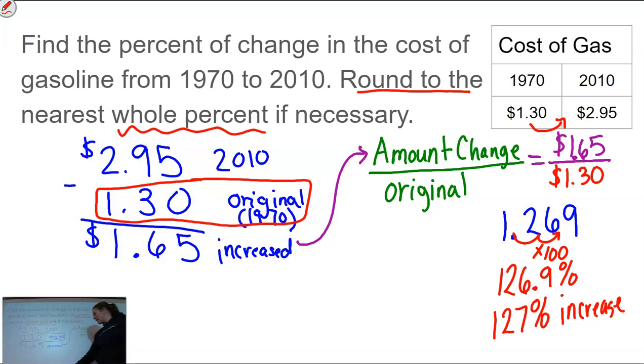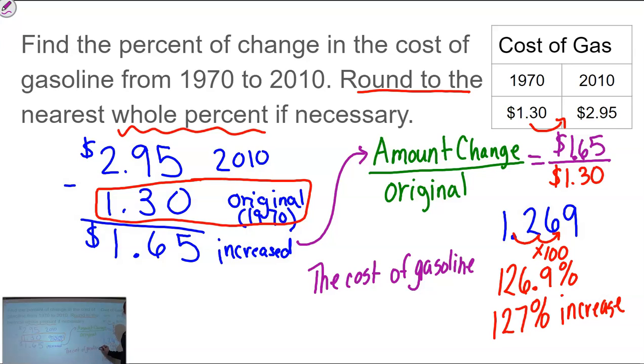So I would write a sentence saying something to the effect that the cost of gasoline increased by 127%. And you can put from 1970 to 2010.